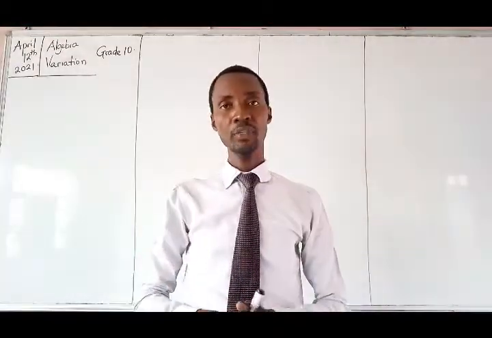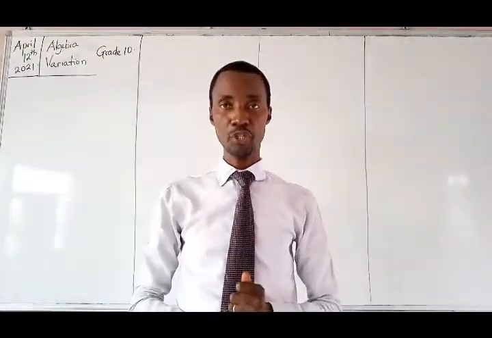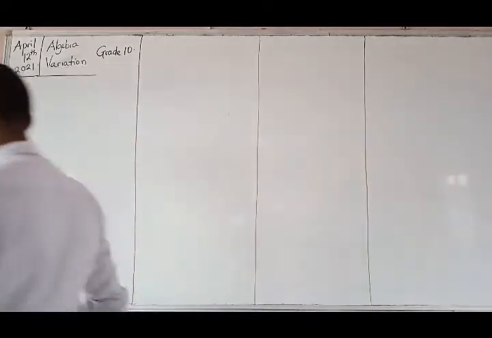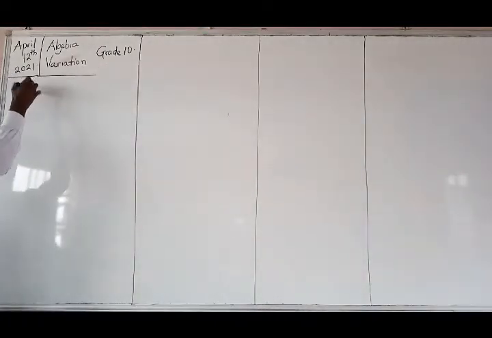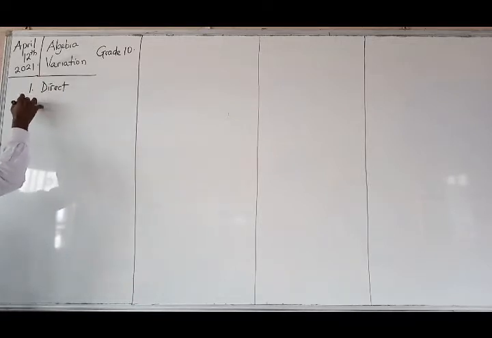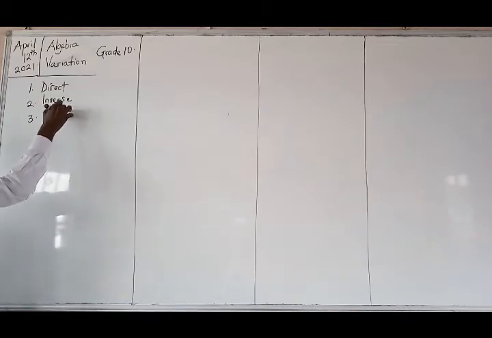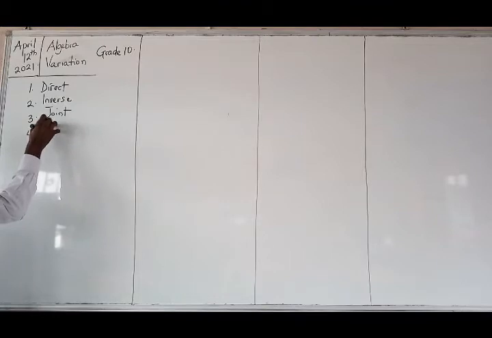Very straightforward. There are four aspects of variation. Number one, we have what is called direct. We have what is called inverse. We have what is called joint. And we have what is called partial.